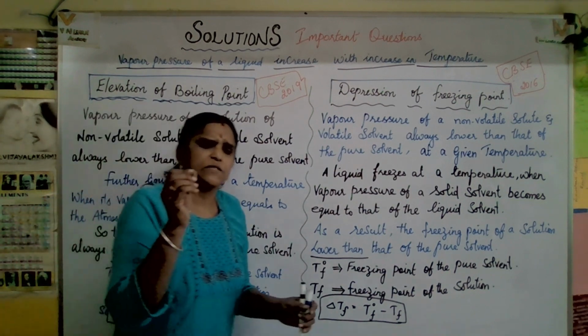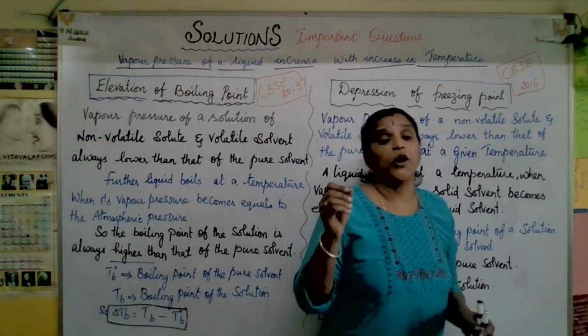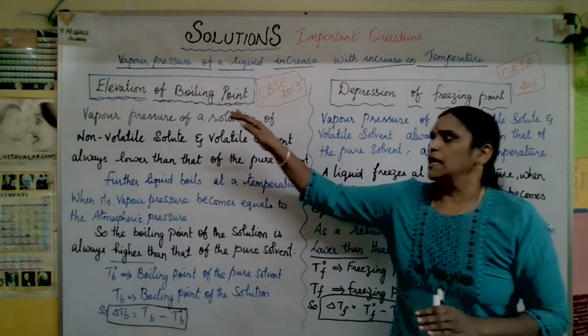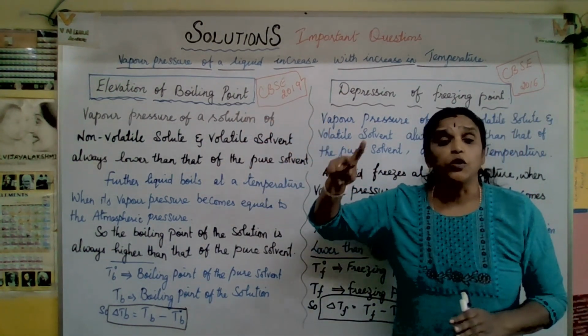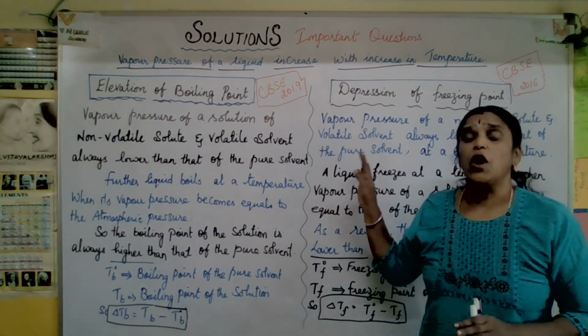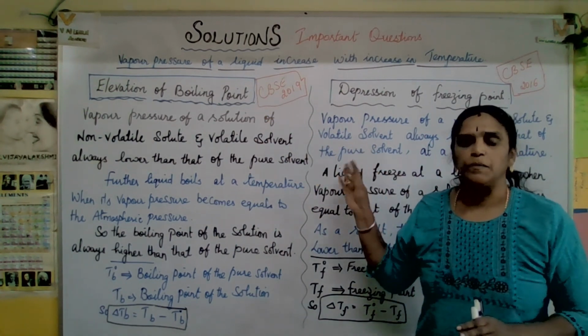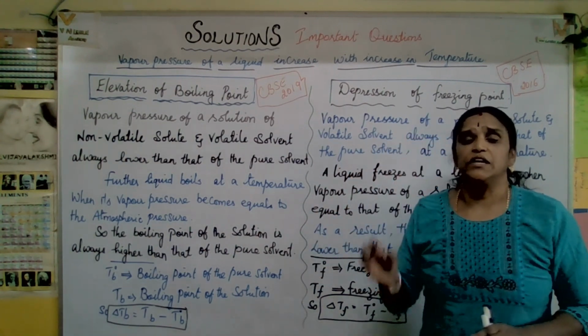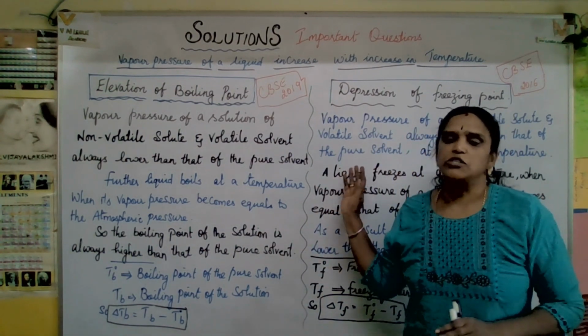Now, from a calculation point of view, let us discuss, because generally one or two questions will be asked: explain the term, and related to that some sums will also be given. Those important sums we will also go for.